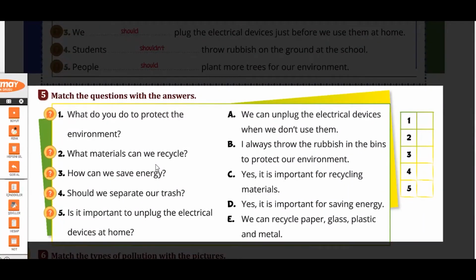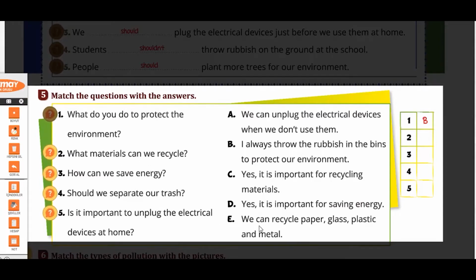Match the questions with the answers. Number 1, what do you do to protect the environment? Which one do you do? It's B. I always throw the rubbish in the bins to protect our environment. 2, what materials can we recycle?